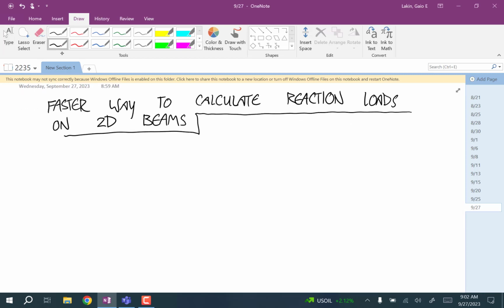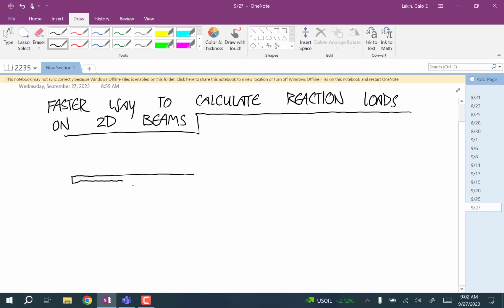Okay, so let's do a problem, and I'm going to use another distributed load because we're getting practice on those. So here's the beam.